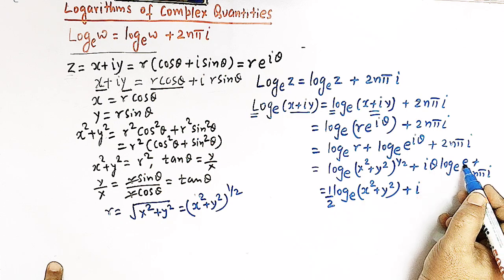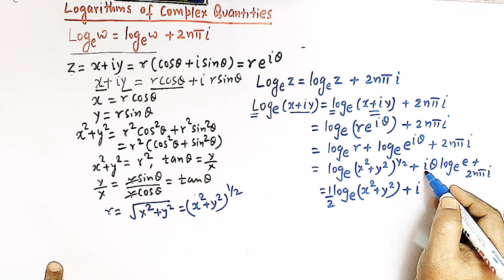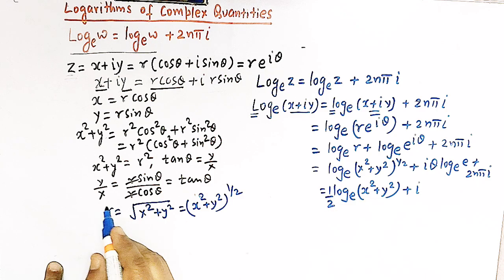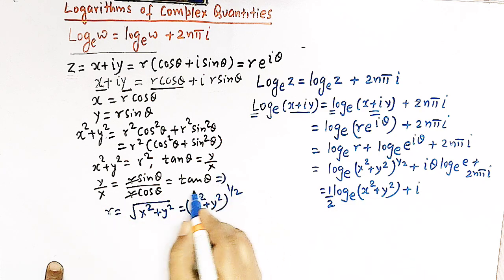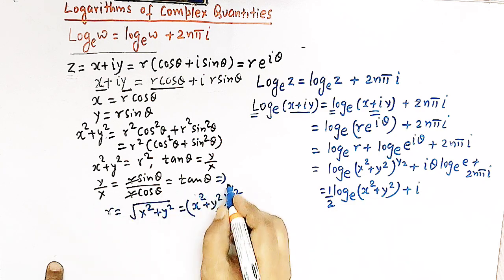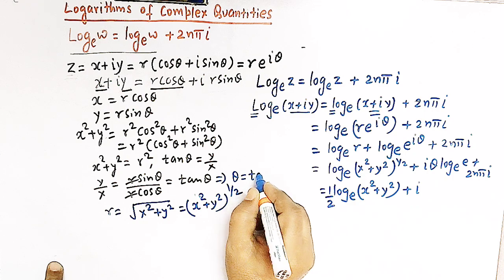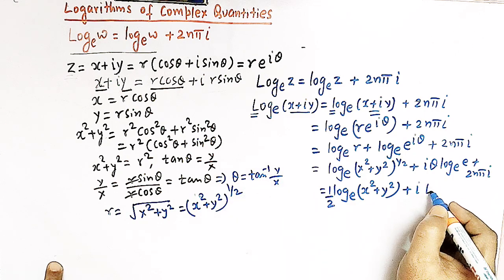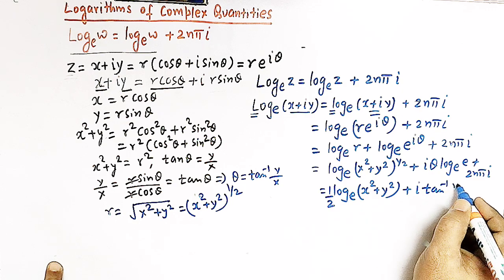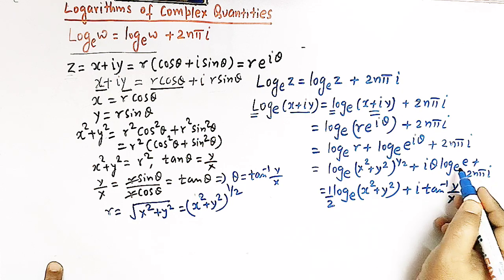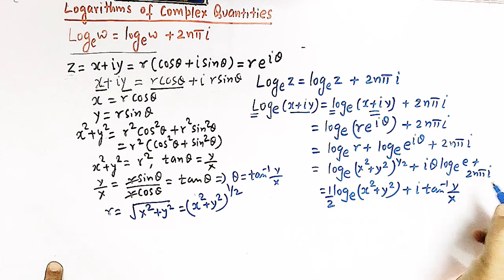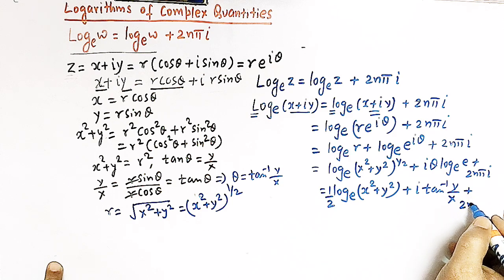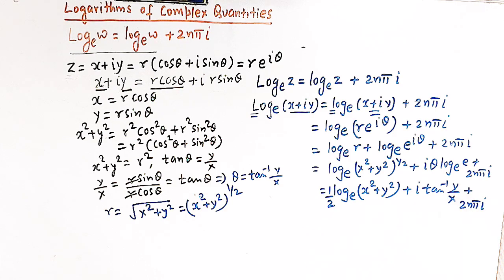Log of e to the base e is 1, so we have i theta, and theta can be given from this expression. So theta is tan inverse y over x. So here we write tan inverse y over x, and log of e to the base e is 1, and here we have 2n pi i.